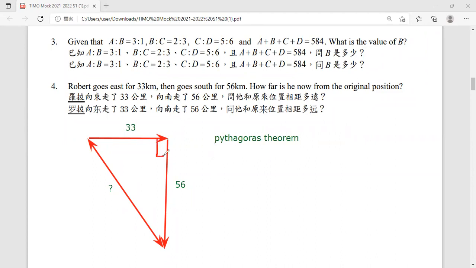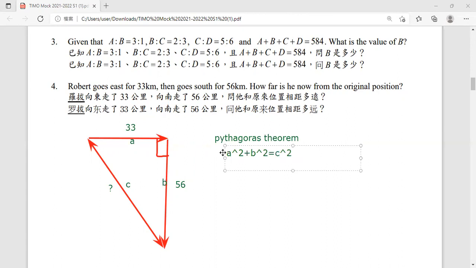Maybe some of you don't know, so I will talk about this one. If I have a right angle triangle, we have A, we have B, and we have C, the relationship will be A squared plus B squared equal to C squared.